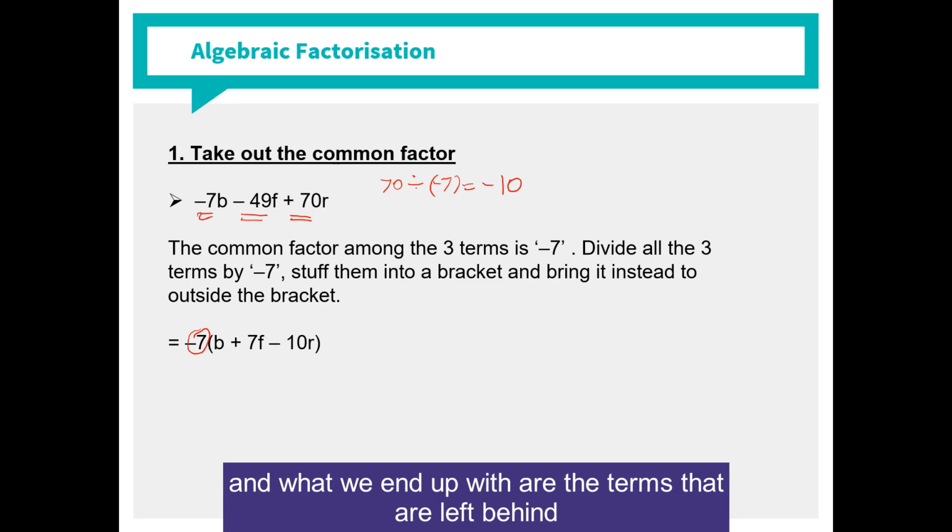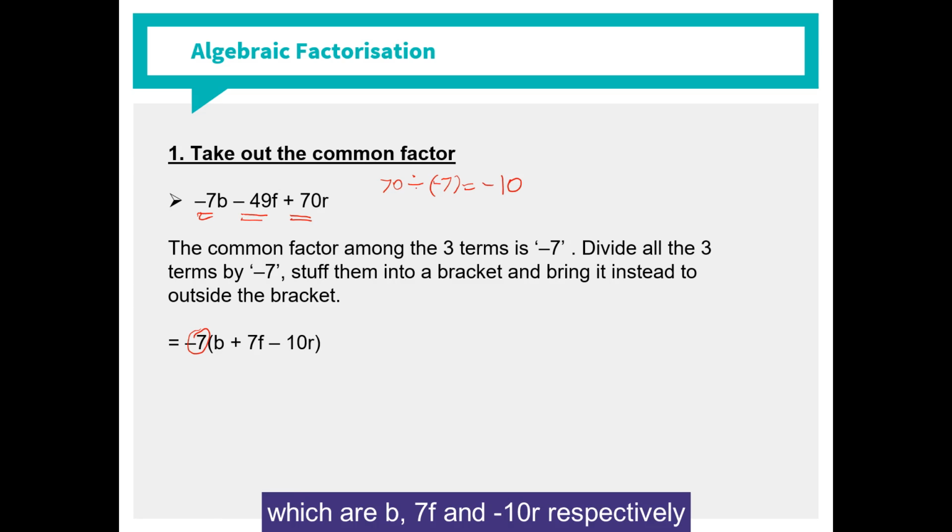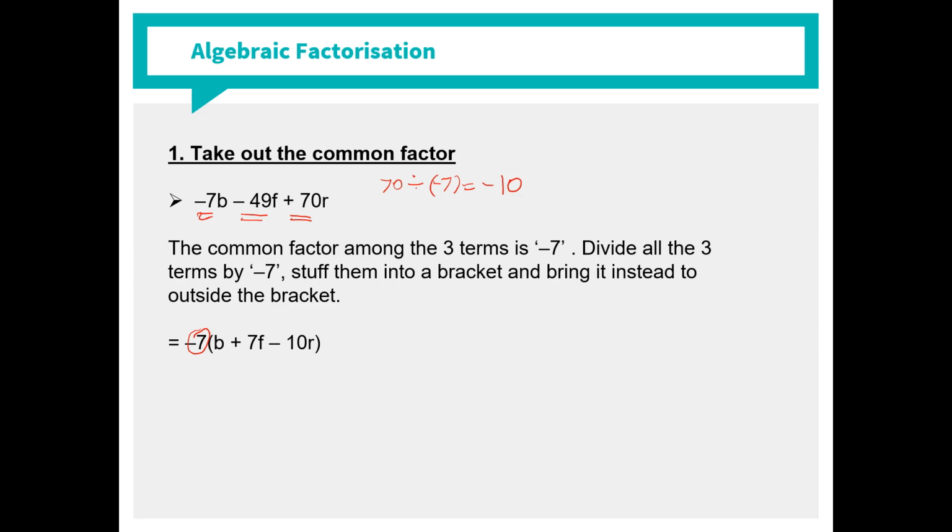What we end up with is the terms that are left behind, which is B, 7F, and -10R respectively. Similarly, if you see -49F, if you divide by -7, you end up with 7F, and that is where you put this inside.